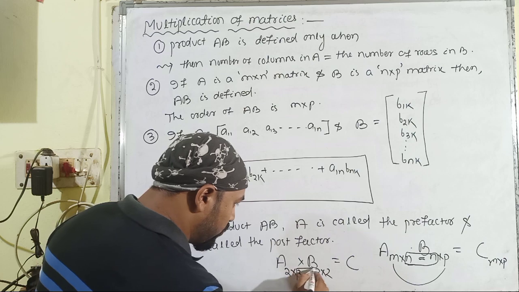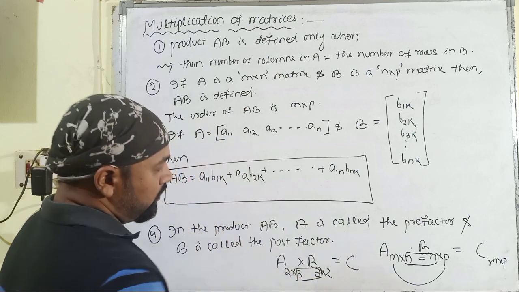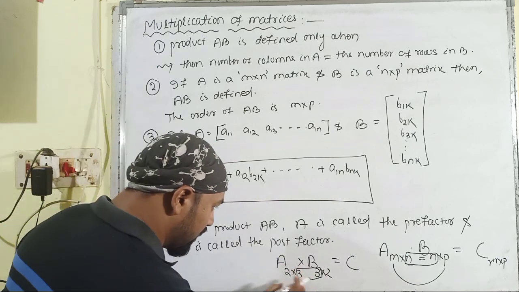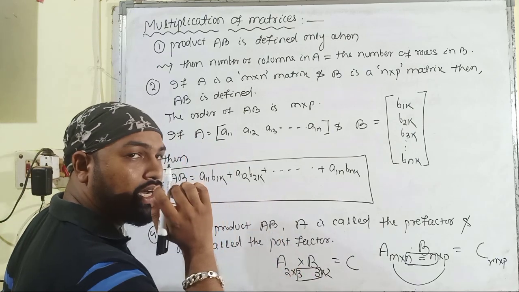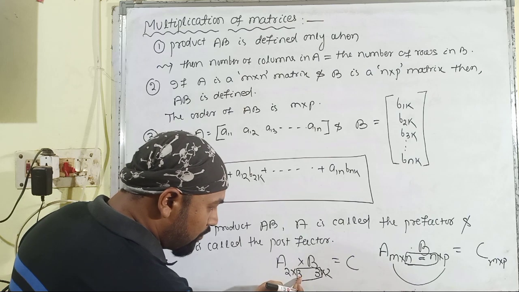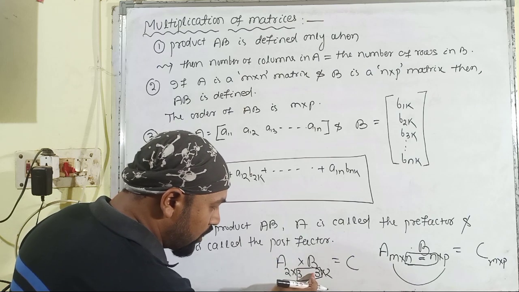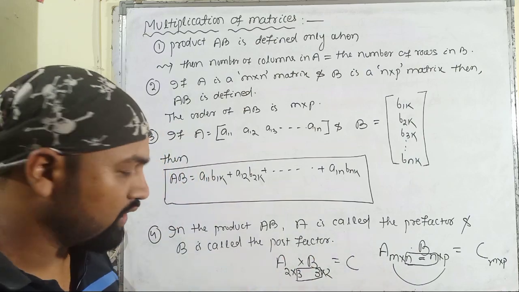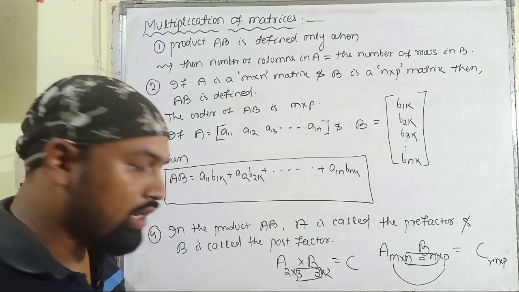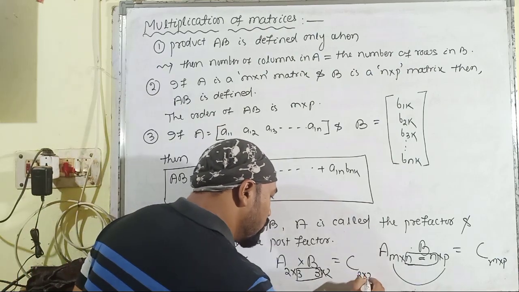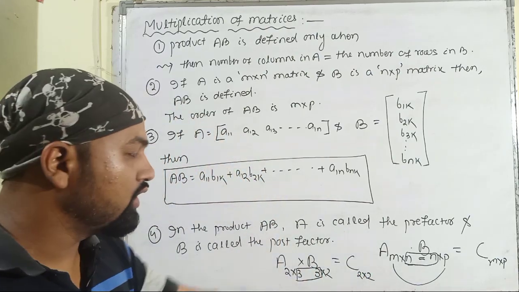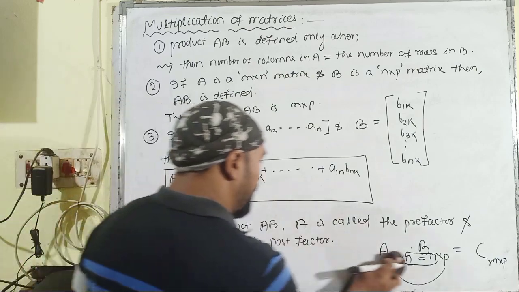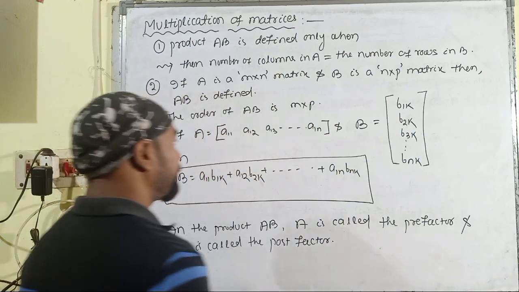First of all, you have to give a bracket here, so that these two elements are eliminated, because the number of columns of the first matrix is equal to the number of rows of the second matrix. That means you have to eliminate these two elements. Then what are the rest of the two elements present here? That is 2 cross 2. So the order of the resultant matrix is 2 cross 2.